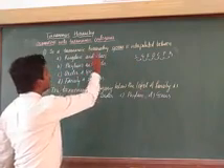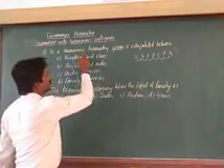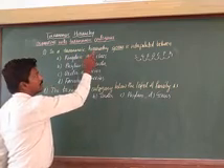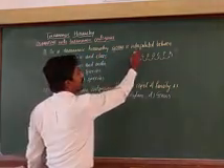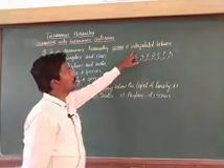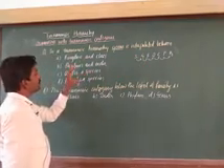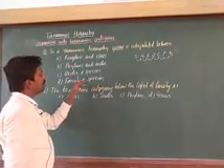So what is the question? In a taxonomic hierarchy, where does genus come? Interpolated means it should be in between.